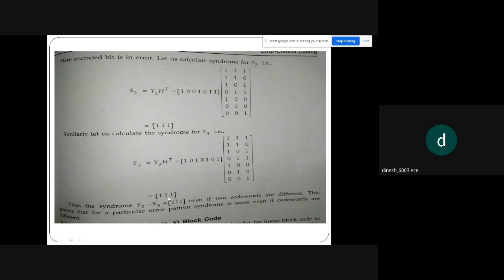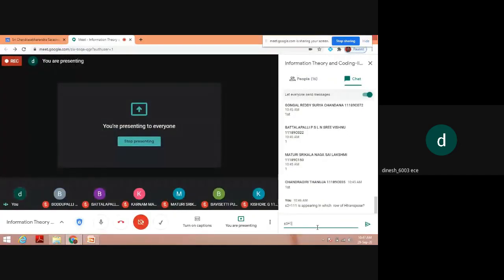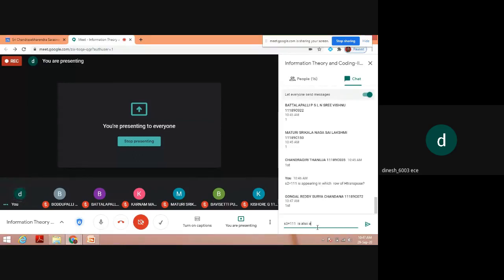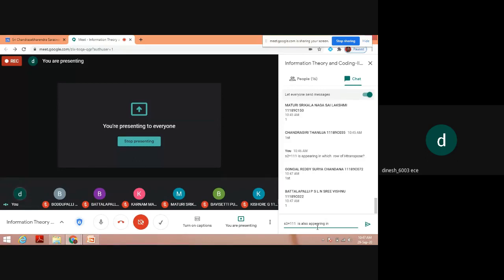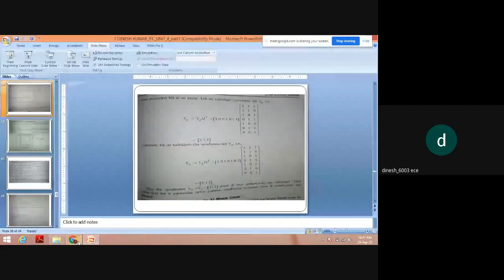S3 is equal to again triple one, which is also appearing in the first row of H transpose. Yes, as you said correctly, it is the first row only, right?